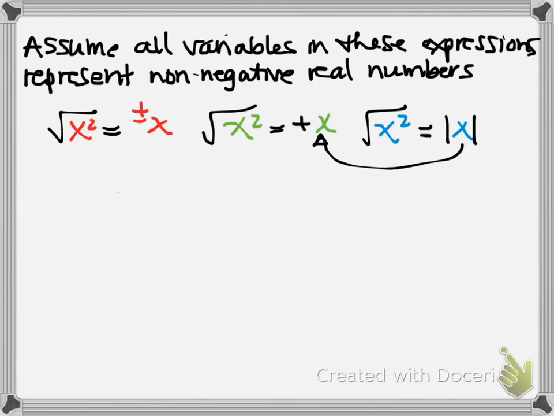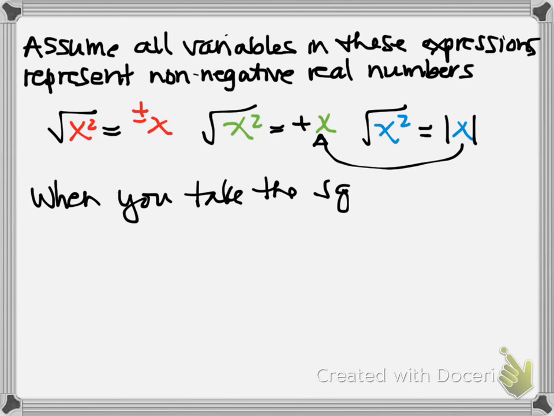So we had talked about before when we were taking square roots for our factoring, what did we do to the exponent when we took a square root? When you take the square root of a variable, what did we say that you would do to the exponent?